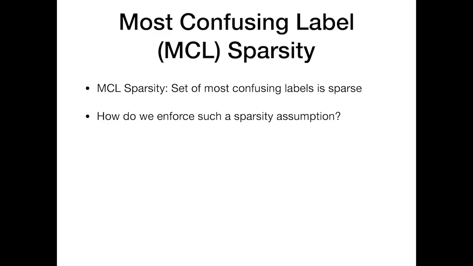This seems reasonable for a good score function. That's my assumption, MCL sparsity, most confusing label sparsity, which I hope you would agree seems reasonable. But assuming it's reasonable, how do we then enforce this assumption?